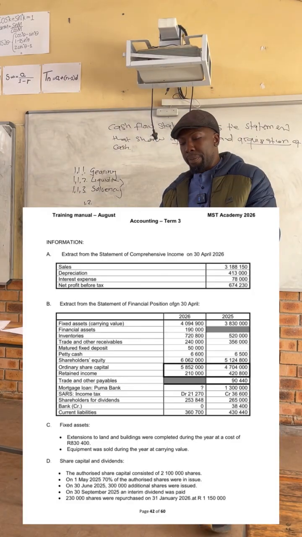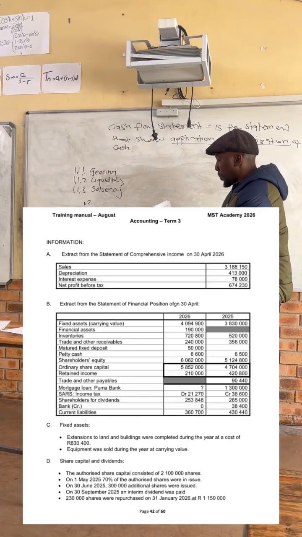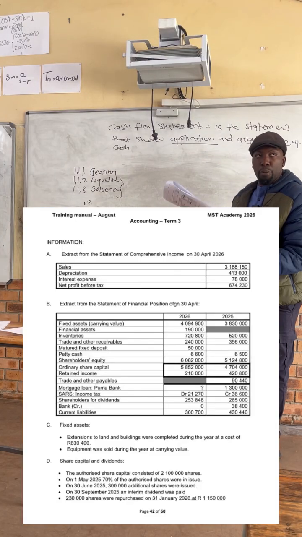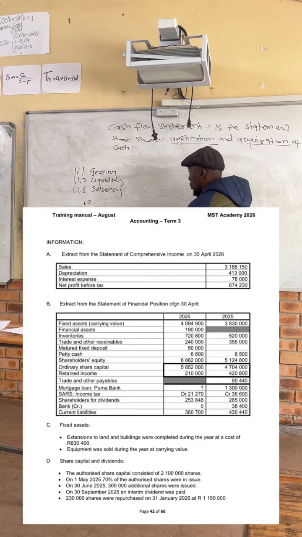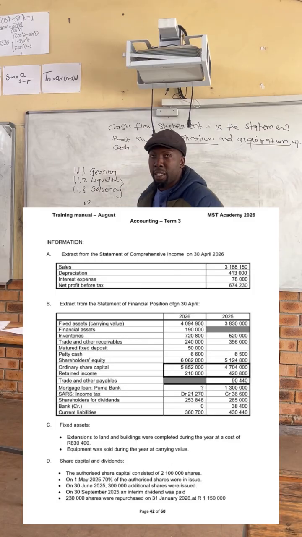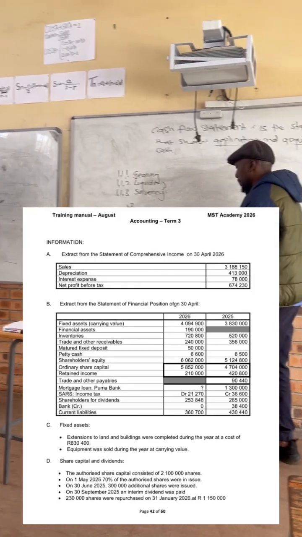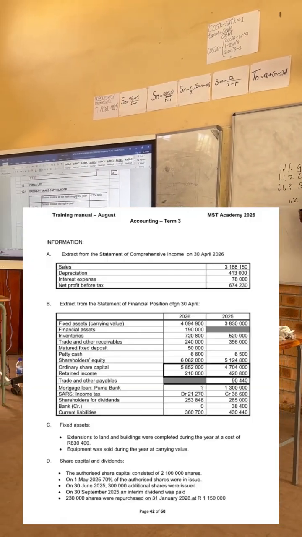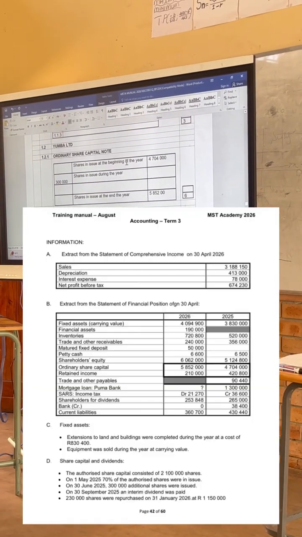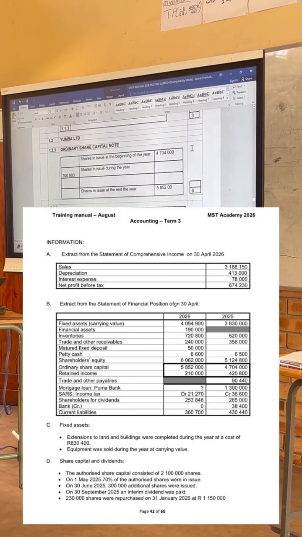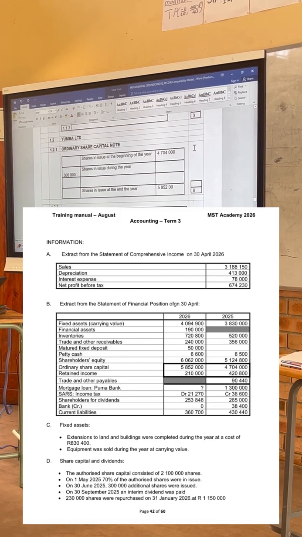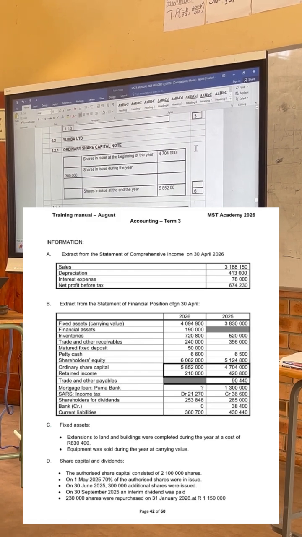It means we are given an answer book and then we are completing from our answer book. Let's go to our answer book. Minero, can you, JJ, can you also show the answer book there? It will be ordinary share capital.